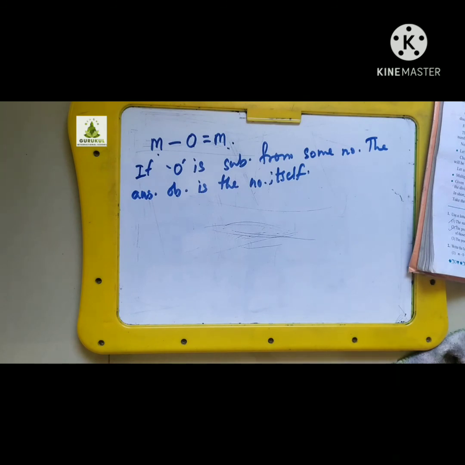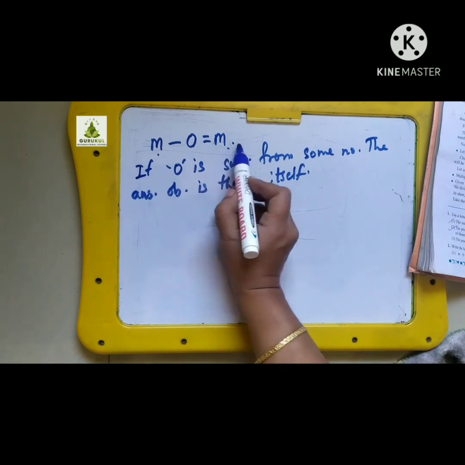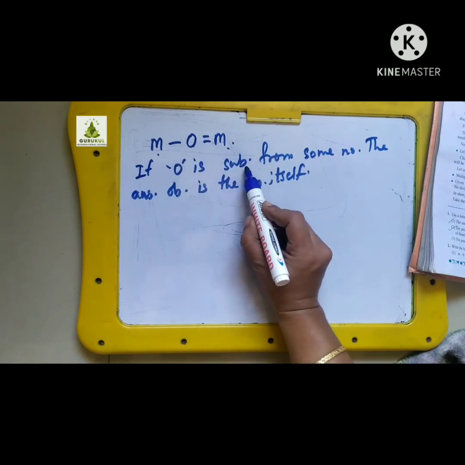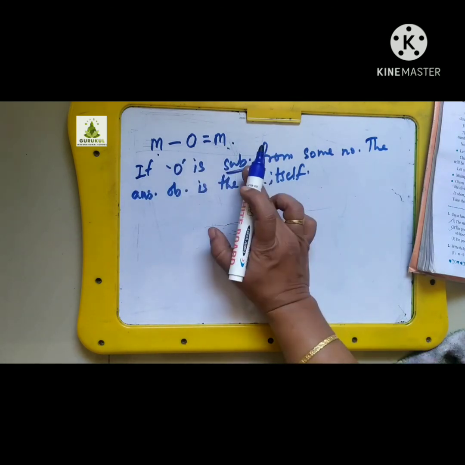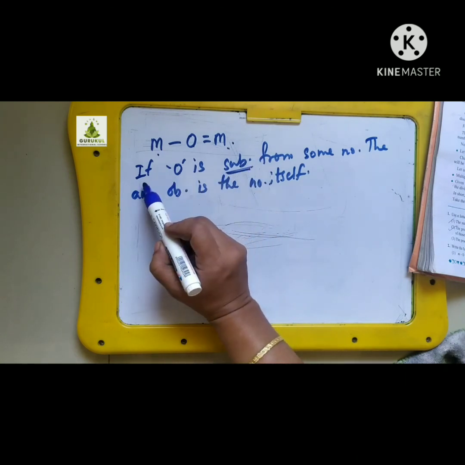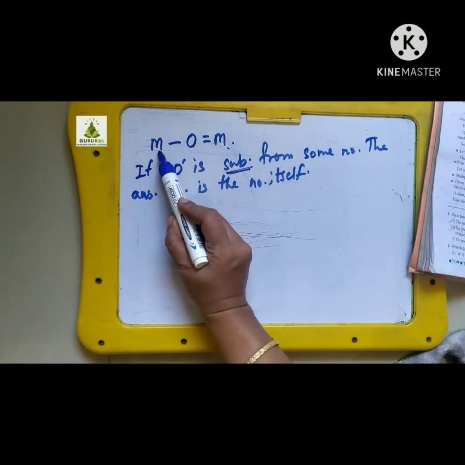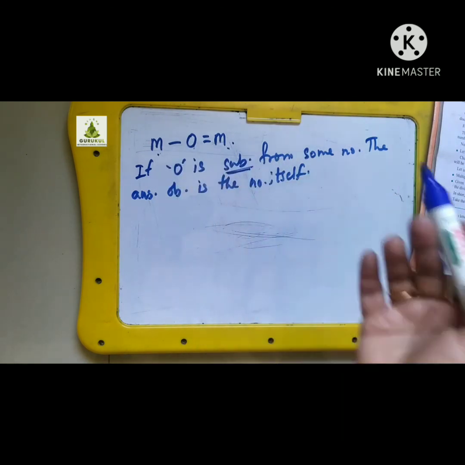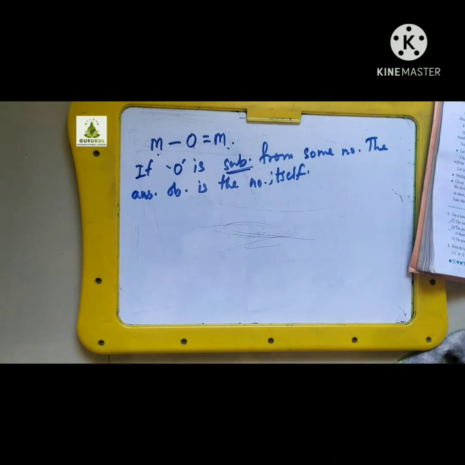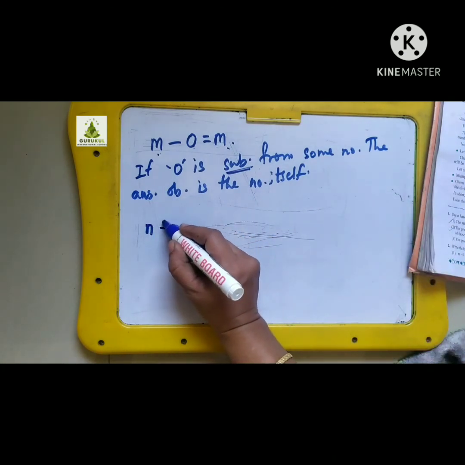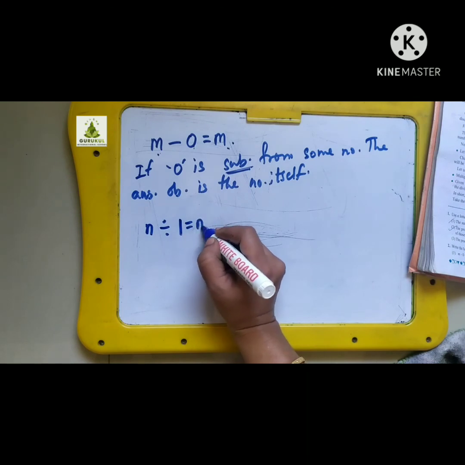Or you can say the same property in another way: the difference of any number and 0 is the number itself. Difference means subtraction. So instead of the word subtraction, you can say the difference of m, meaning any number, and 0 is the number itself. Then the second given to you is n divided by 1 is equal to n.